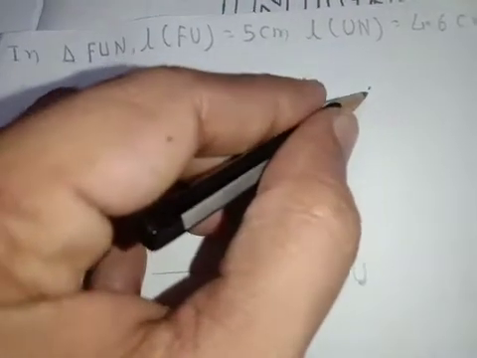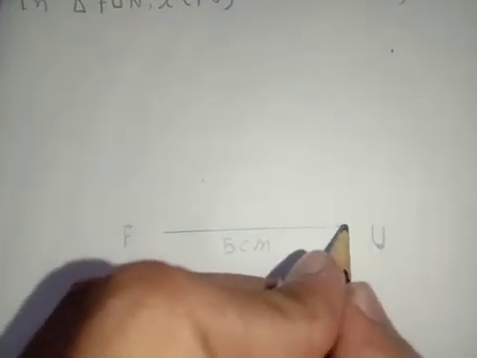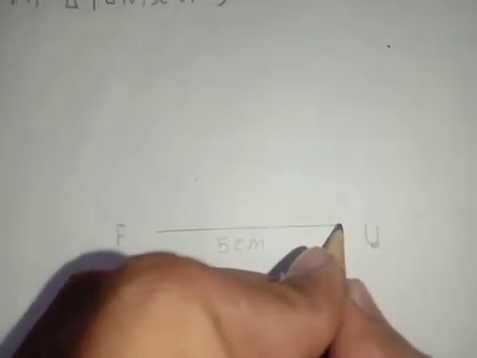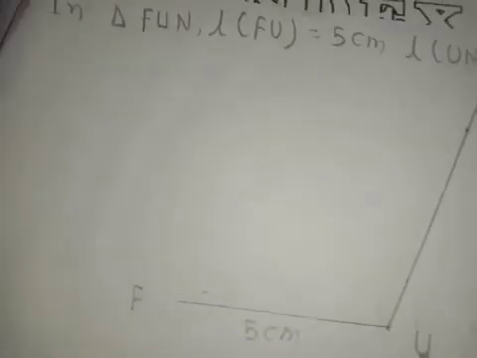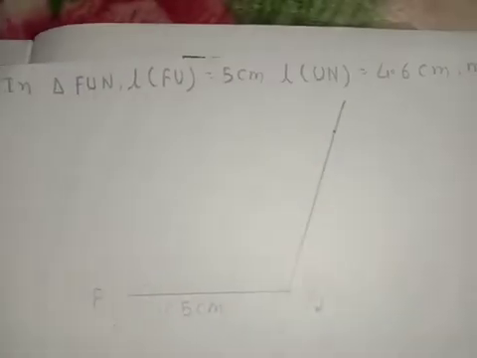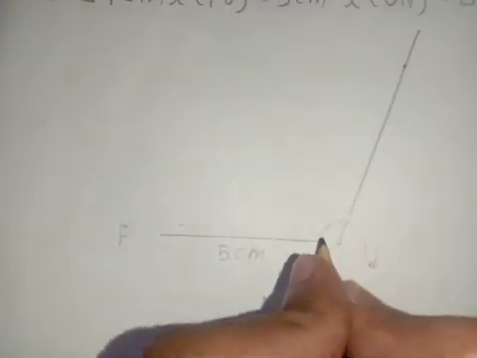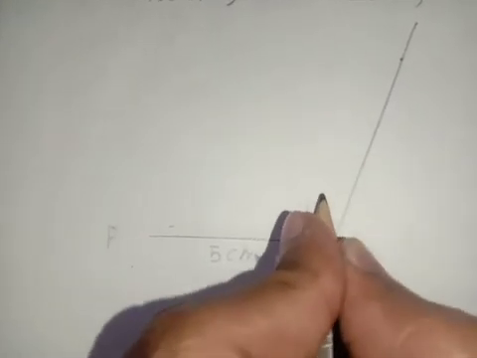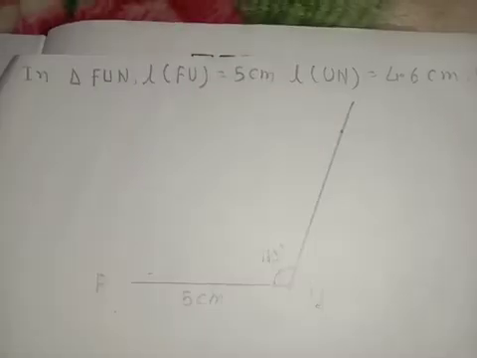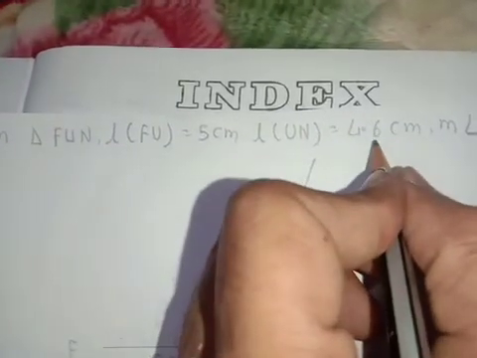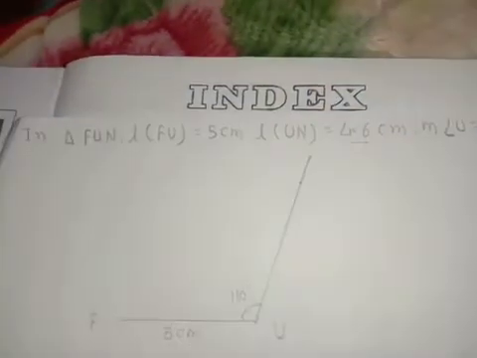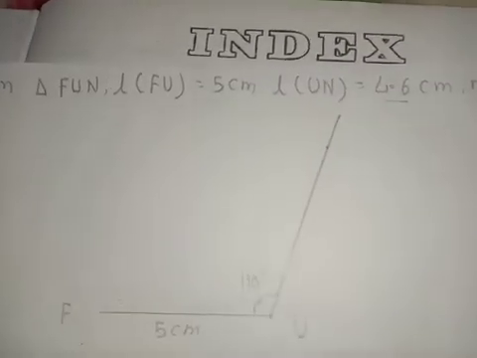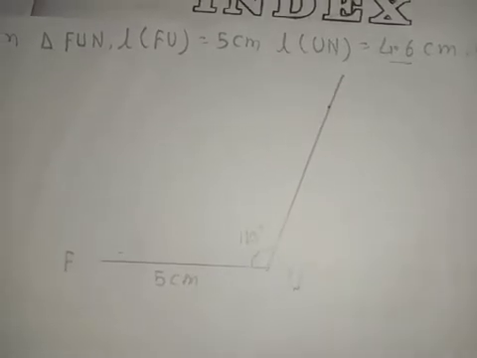Now join this point to point U. This is our measurement of angle U, 110 degrees. Now let's measure length UN, 4.6 cm.